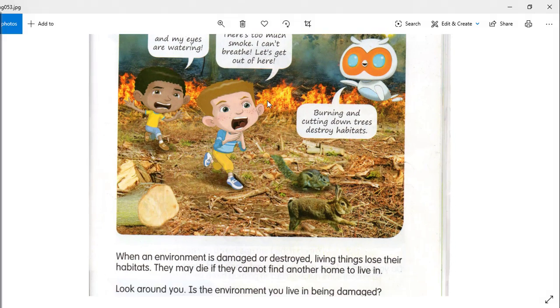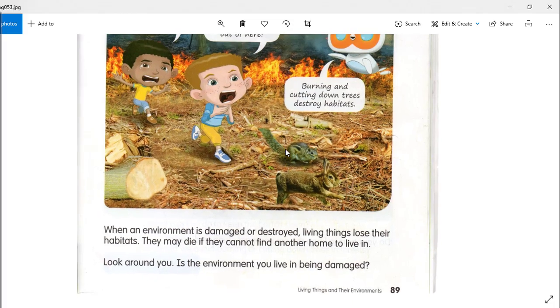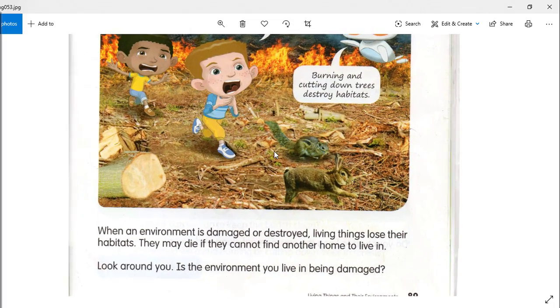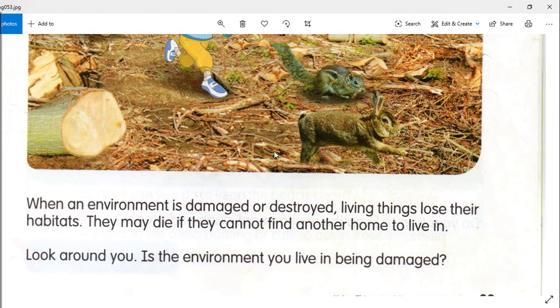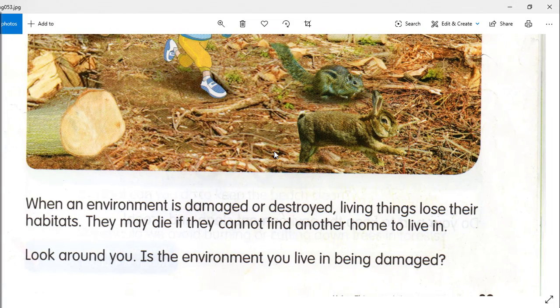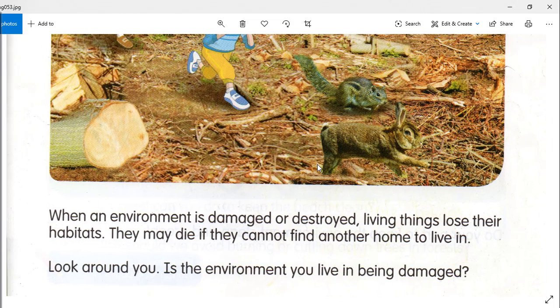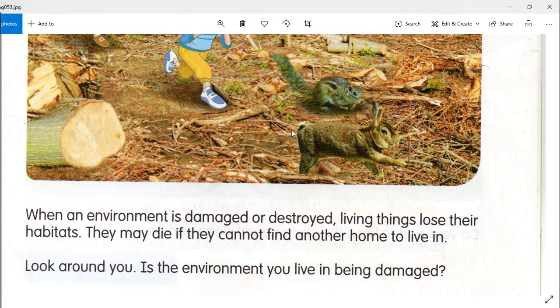So when an environment is damaged or destroyed, living things lose their habitats. They may die if they cannot find another home to live in. Look around you. Is the environment you live in being damaged? Of course, you cannot even see the process anymore because it happened in the past, right?